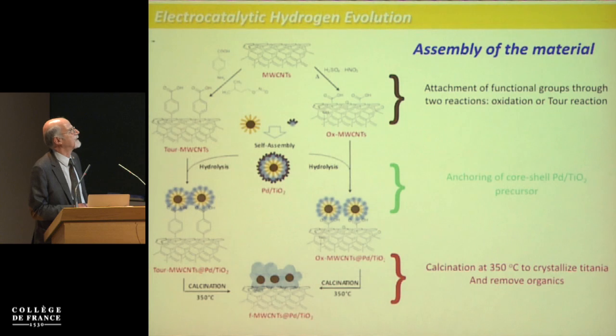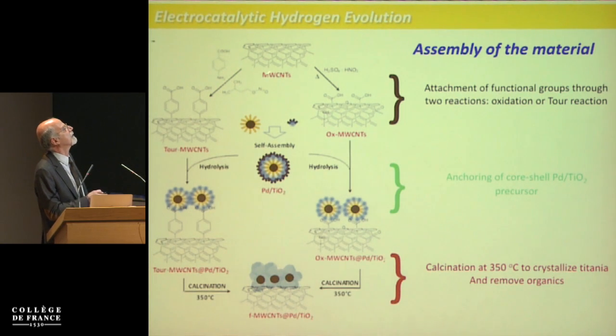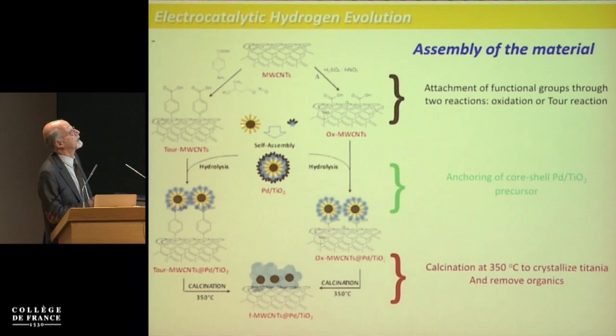Another type of material that we assembled: these are two types of materials we produced. One is the standard oxidized carbon nanotubes. In this case, we applied a reaction and introduced the carboxylic functions here. Then we assembled the sol-gel chemistry on top of the two materials by using carboxylic acids as seeds again.